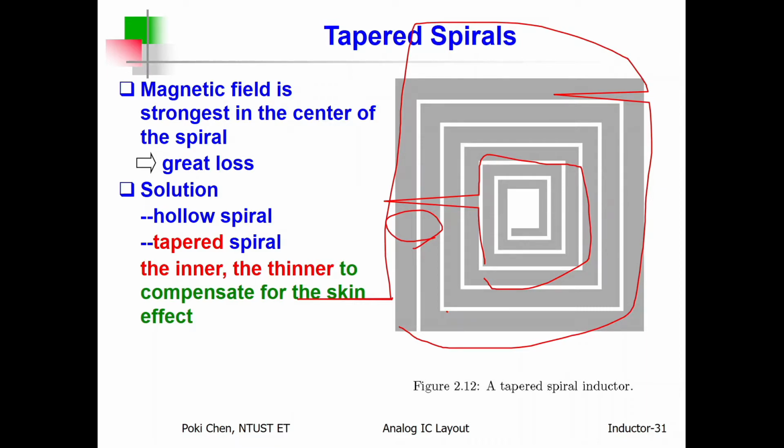In this way, you can also increase the quality factor. So with such kind of tapered layout, you can either increase the inductance per area, or you can increase the Q factor for the same inductance and layout area.